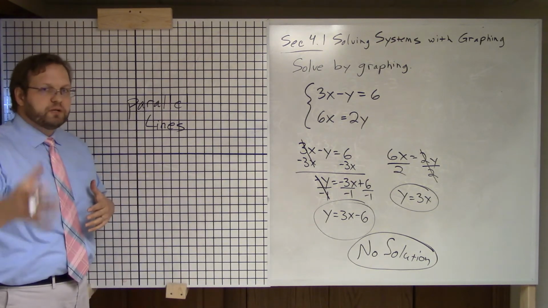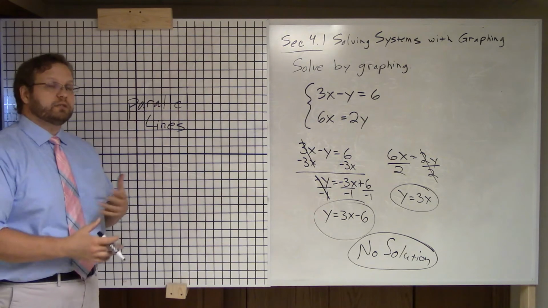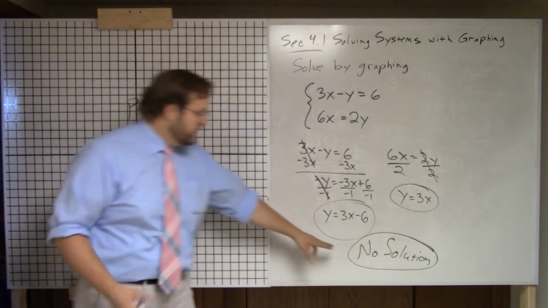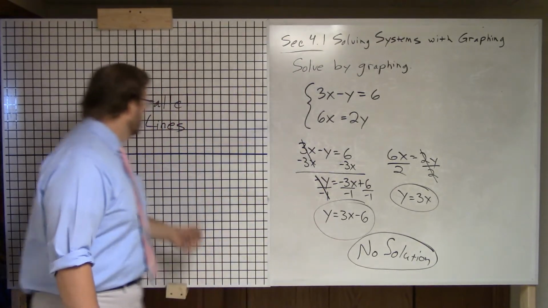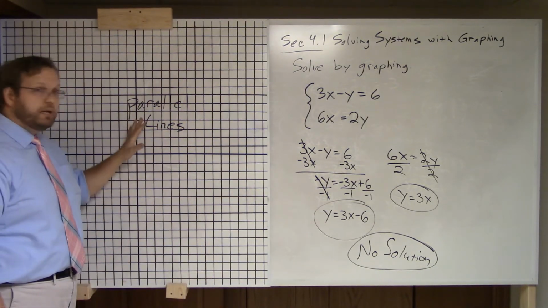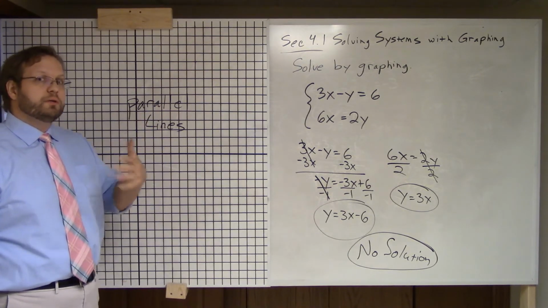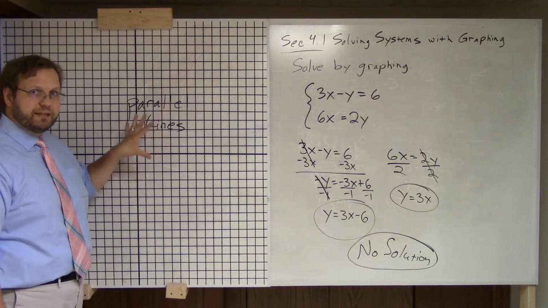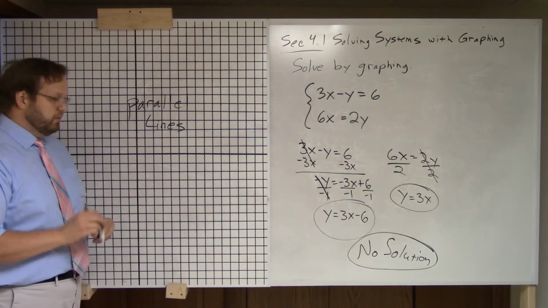If you have a different instructor, then ask them how they would want. Some of them will ask you to still graph. But if it's me, I still want to see no solution. That's your answer. This just explains why you didn't bother graphing. Okay, and I'm okay with that because that shows that you knew what was happening ahead of the game. But please specify that's the reason why. Okay, let's look at another one.